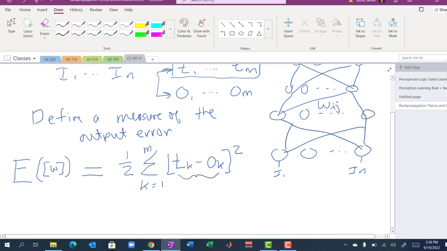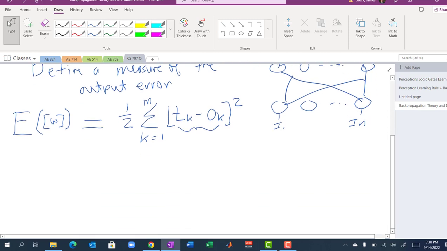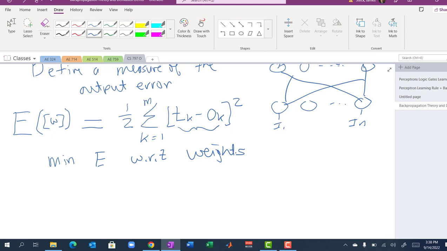So the error is a function of the weights, and in fact what we want to do is minimize the error with respect to the weights. In other words, we want to find the best set of weights that makes the error as small as possible. And why are the weights in here? Well, of course, the weights are used to calculate the output of the network, and so inside O are the W_ij values.